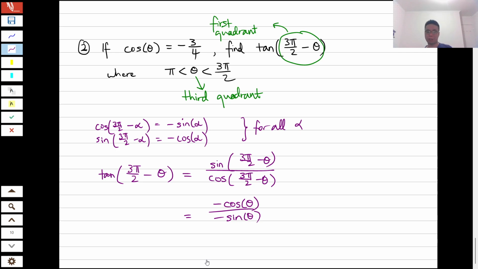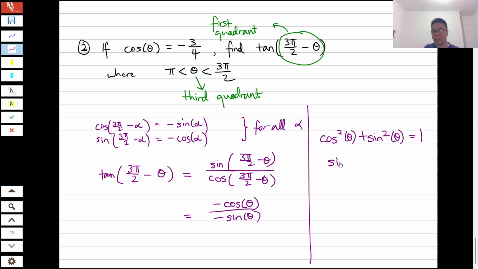So now all I've got to do is find sine theta. But we know how to find sine theta. We just need to use the Pythagorean identity. So we know that cosine squared plus sine squared of theta equals 1. And because theta is in the third quadrant, I'm expecting that sine theta will be negative.